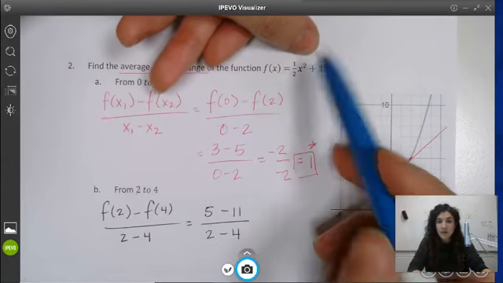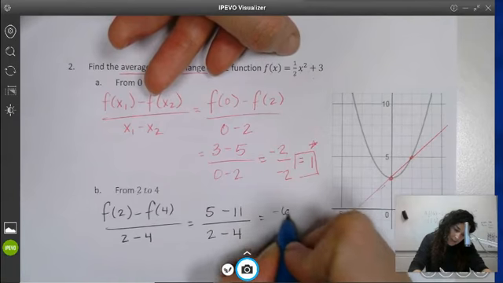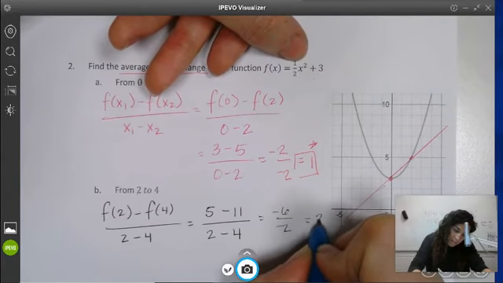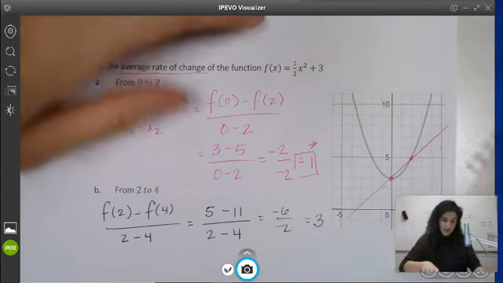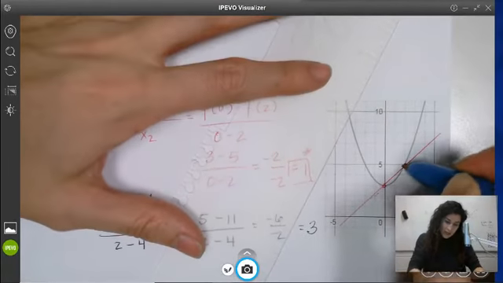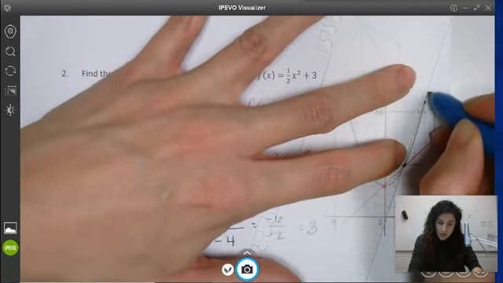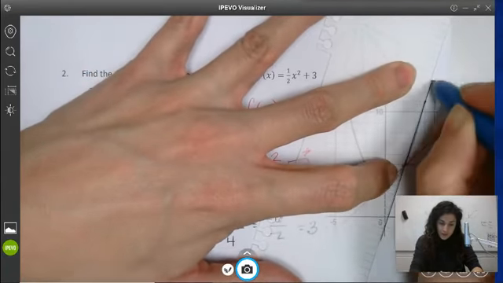That's all you got to do. Plug in those x values and then find the y value that goes with it. That is negative 6 over negative 2, which is positive 3. So between 2 and 4, your average rate of change is 3.